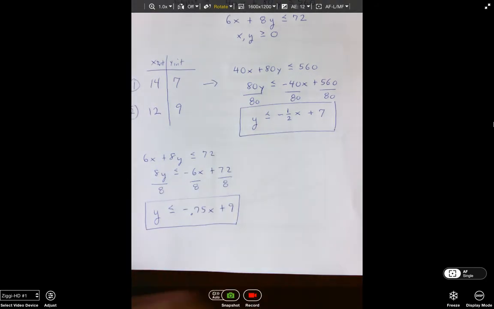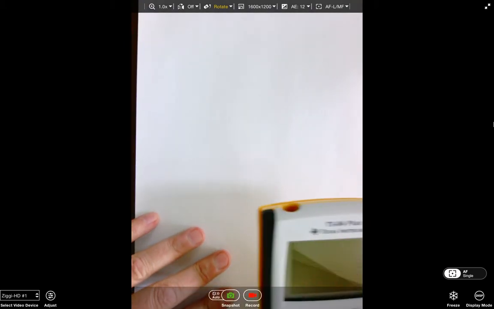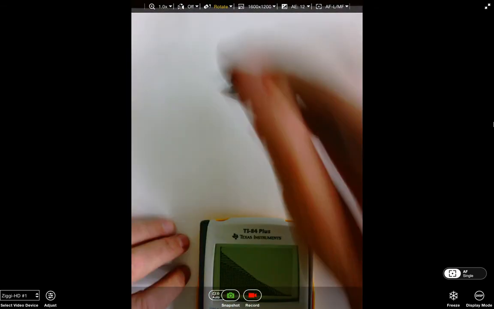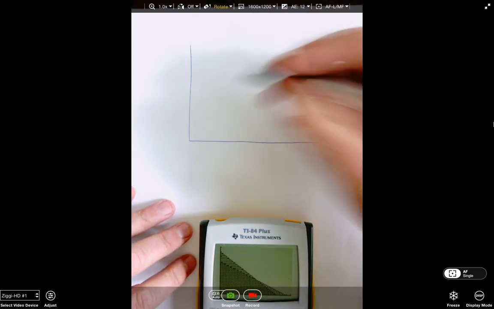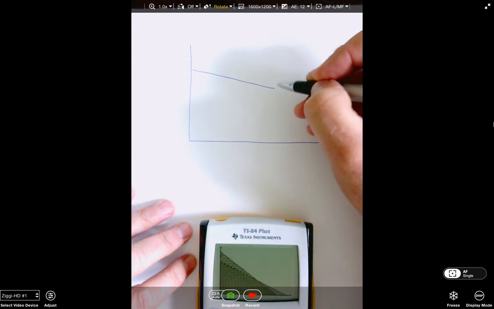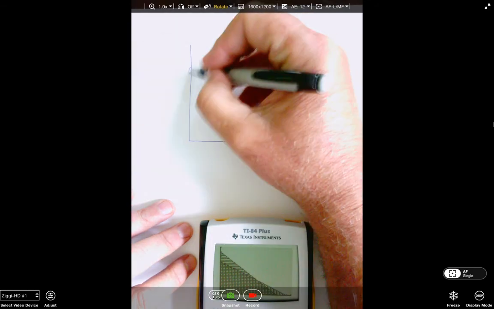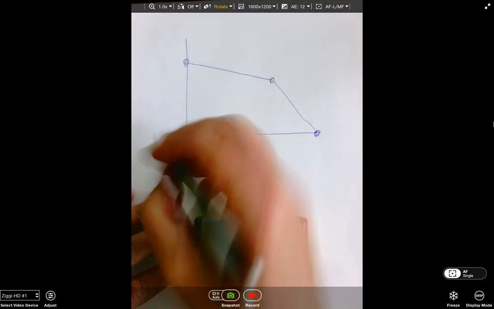All right. So speaking of the feasible region, let's get that going. The feasible region is going to look like this. It kind of comes out and then it kind of drops down.